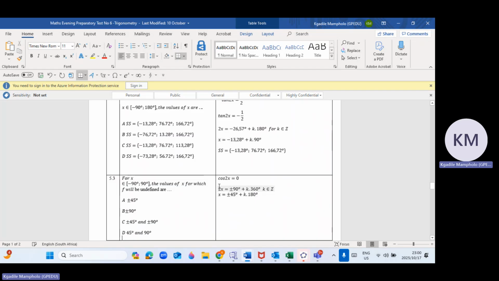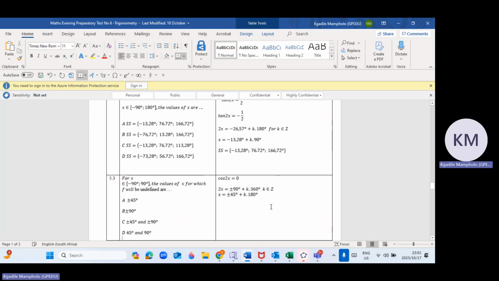The same thing, shift cos of 0, then we get plus or minus 90. If you draw a cos graph, we know that y will be 0 at 90 and 270. But if we say plus or minus 90, 270 will be covered, because 360 minus 90 is 270.